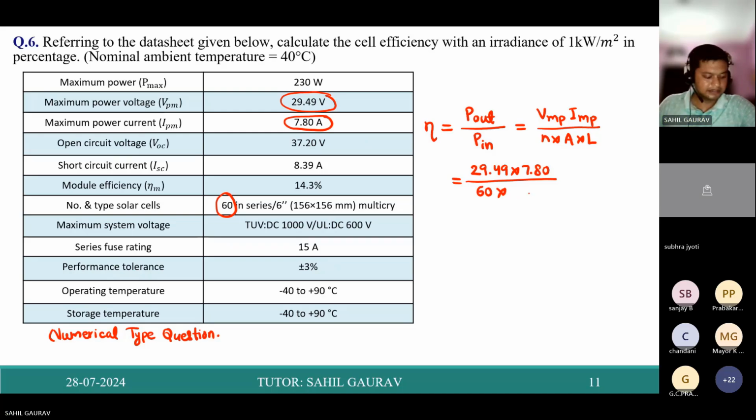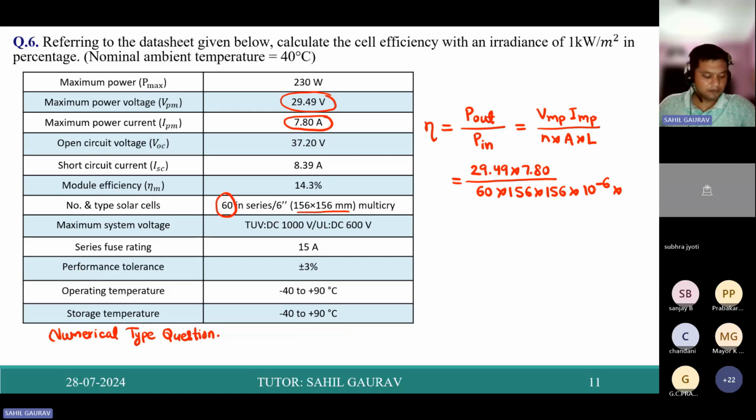And then the area is given as 156 cross 156 mm. So 156 cross 156 into 10 to the power minus 6 into the insolation.